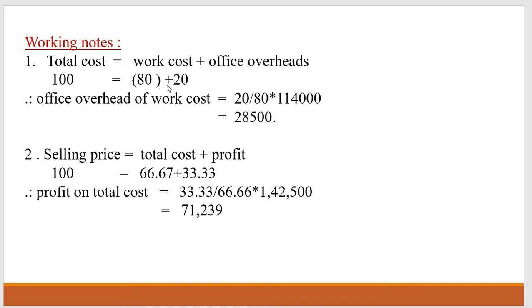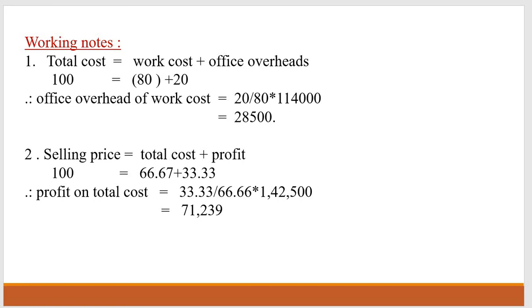That is 80 plus 20 is equal to 100. So office overhead on work cost is equal to 20 divided by 80 into 1,14,000, that is equal to 28,500. So we got the office overhead.